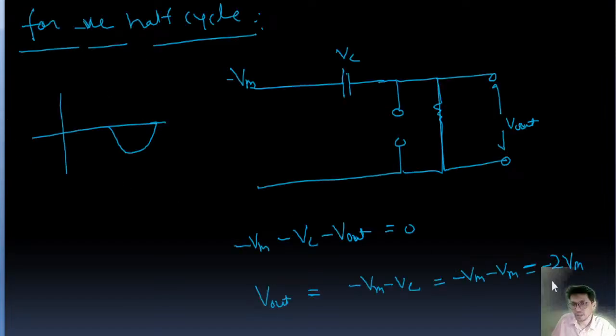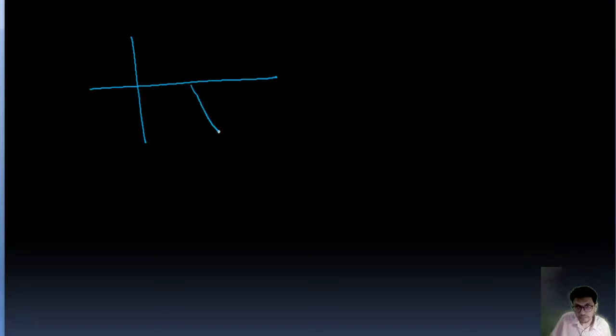waveform is going to be like this, because here you can see the V is doubled, right? So the output voltage is double the input voltage. The output waveform will be like this, and then this one.